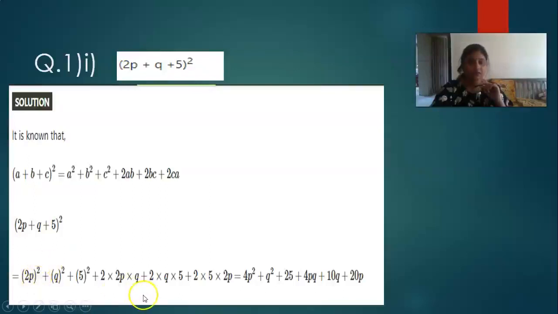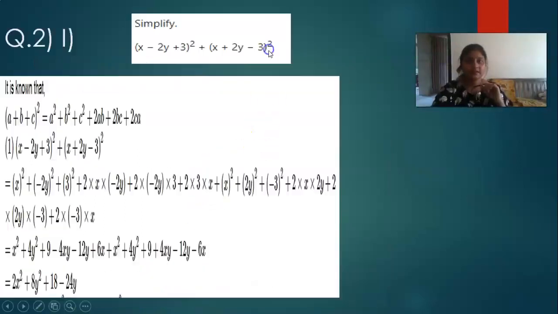So 2 2s are 4, and p square is p square here. Q square is as it is. 5 square is 25. Now 2 2s are 4, 4pq. Here 2 5s are 10, 10q. Plus here 2 2s are 4, 4 5s are 20, 20p. This is the whole solution.